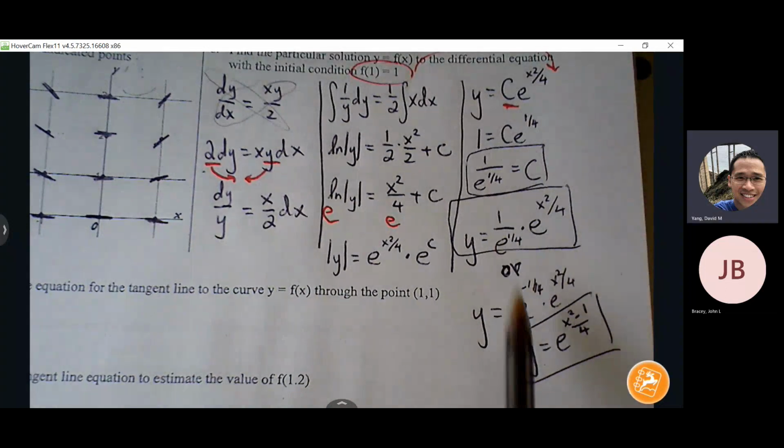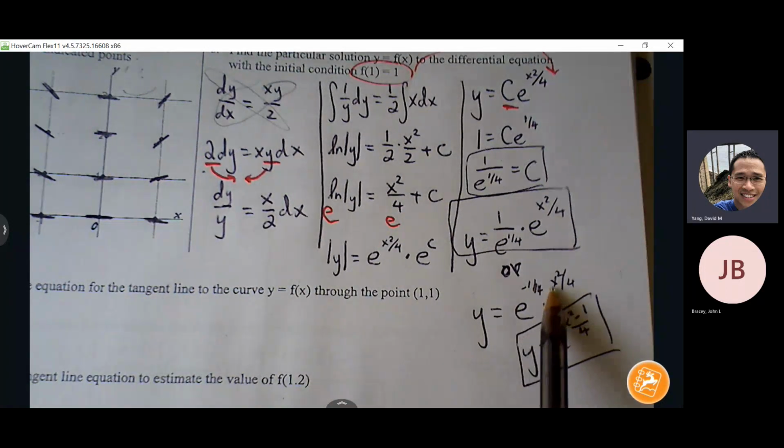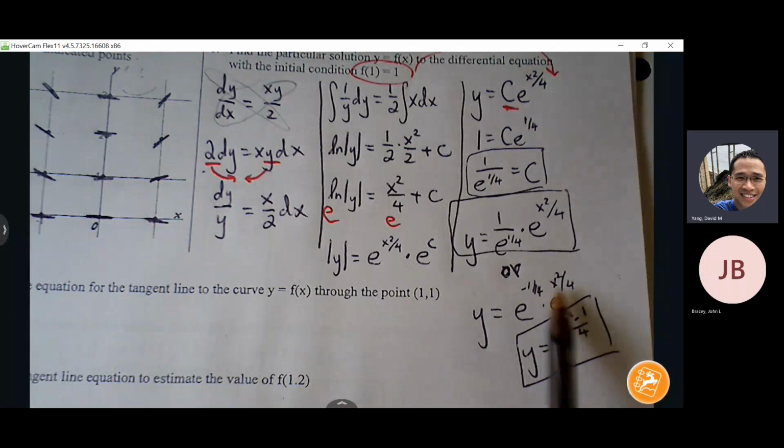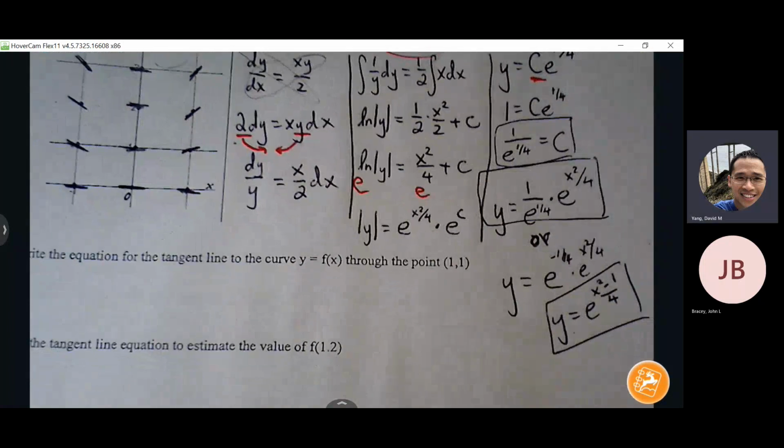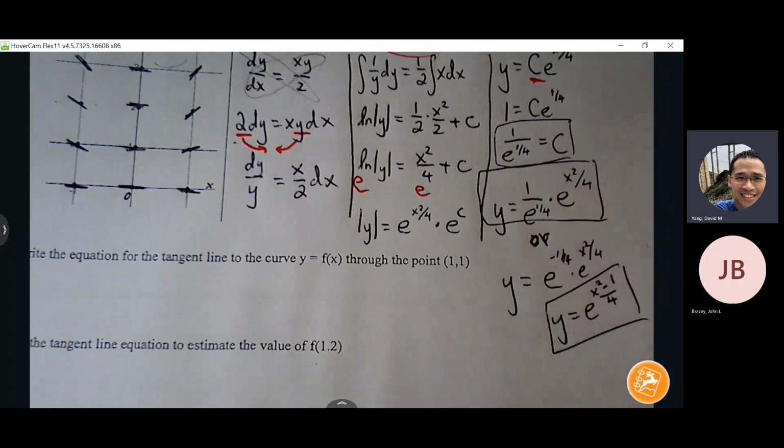So that e can come up as e to the negative 1/4. x squared over 4 minus 1/4, they already share a common denominator, so I just put it all as one fraction. I wanted to show you a cleaner version, but you can leave it in this form, it's fine.